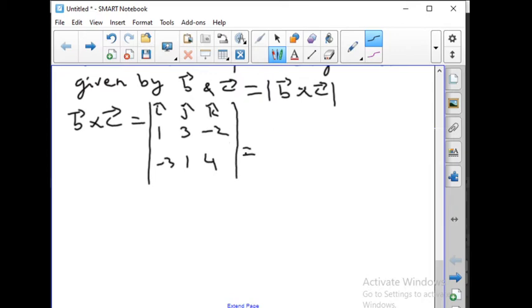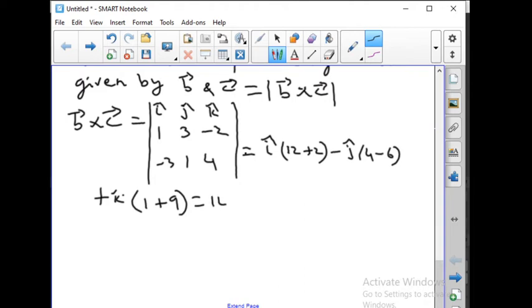When you expand, I cap into 12 plus 2, minus J cap into 4 minus 6, plus K cap into 1 plus 9. So it is equal to 14 I cap plus 2 J cap and plus 10 K cap.